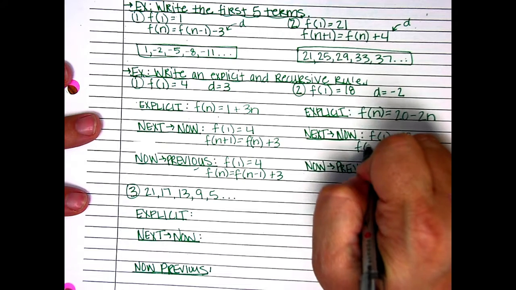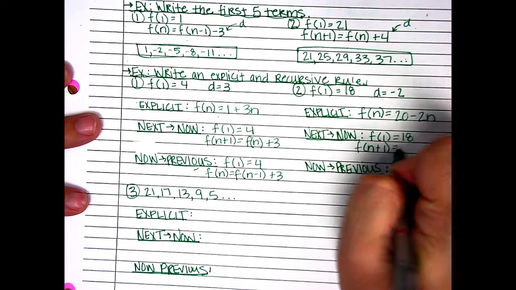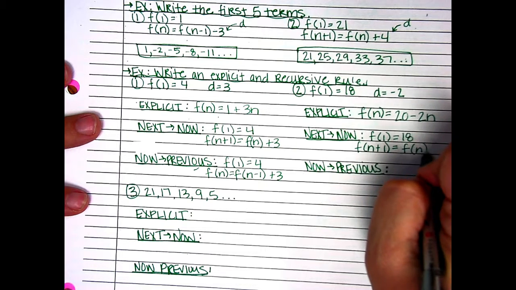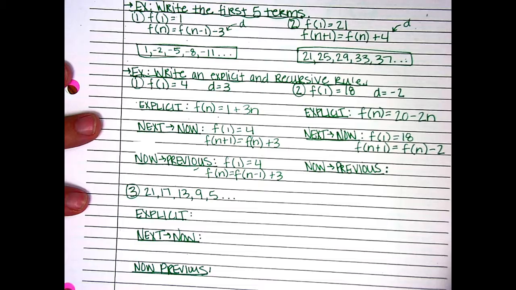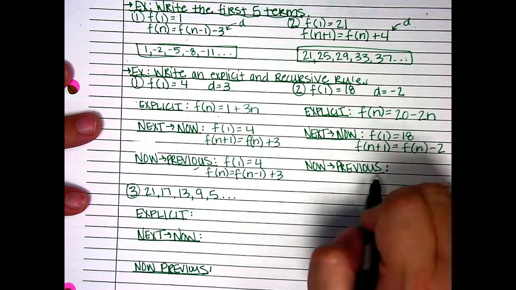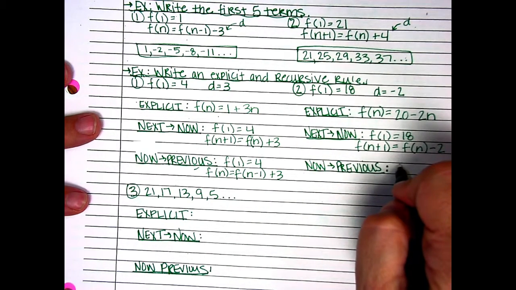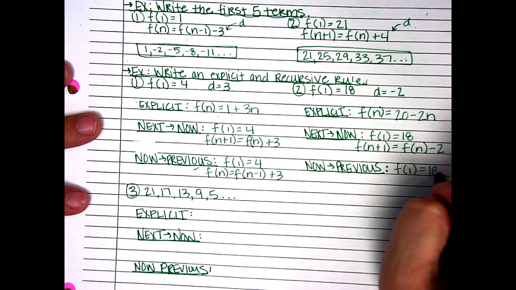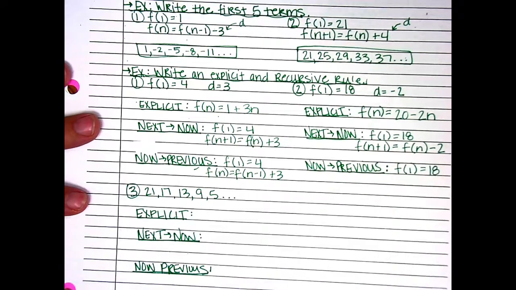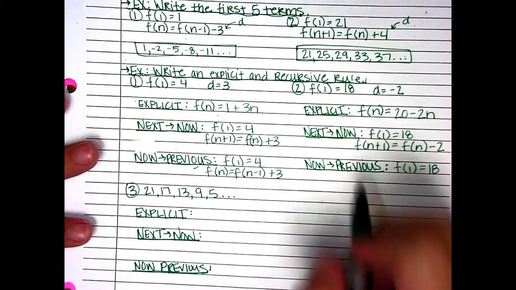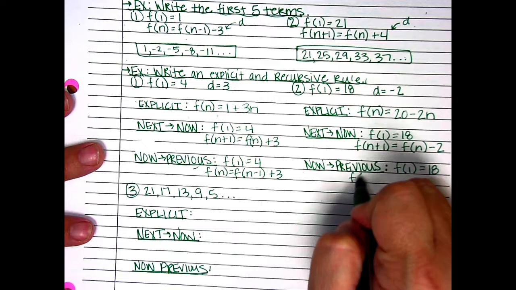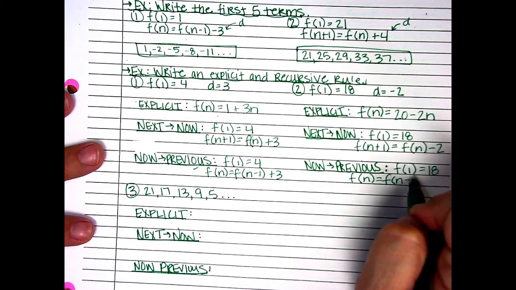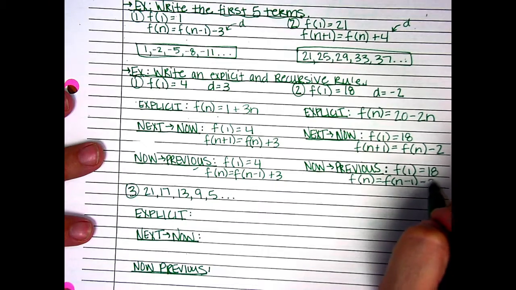So f of n plus 1 equals f of n minus 2. For the now previous, again we have to list f of 1. So f of 1 equals 18. And f of n equals f of n minus 1 minus 2.